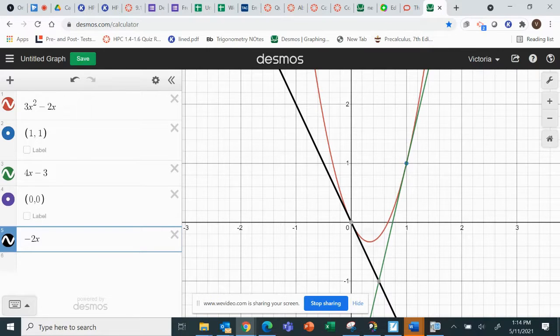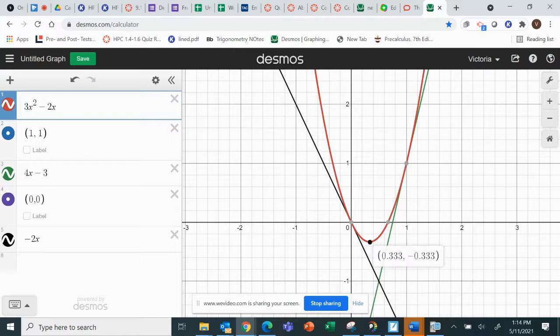The vertex of this parabola, I can get easily when I touch Desmos, is at 1/3 for x. What would be the slope of the line that is tangent to it at the vertex? Imagine a line that is tangent to that vertex.